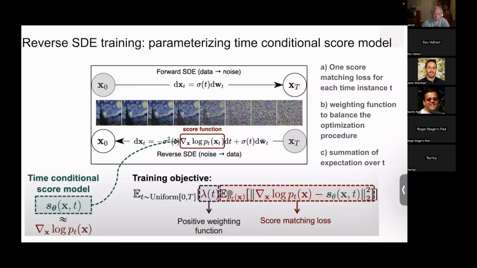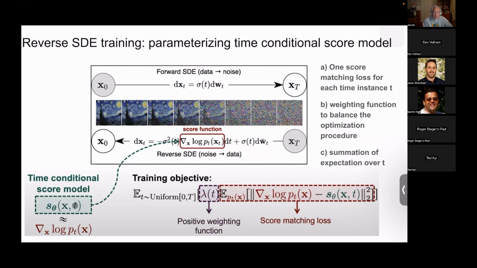So, let me just make sure. Maybe I'll just spend another 5 or 10 minutes on this and then go to consistency models. So we have the time-conditioned score model.